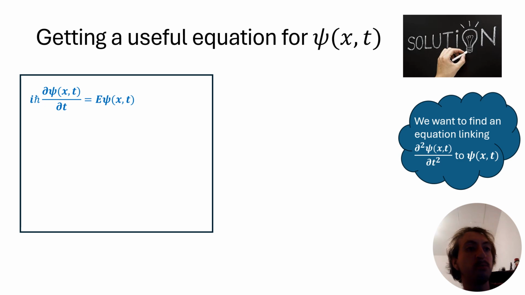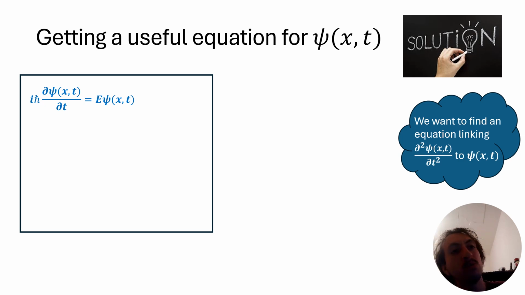So we start from Schrödinger's equation. And we start there because Schrödinger's equation contains the wave function itself, and we want our final equation in quantum mechanics to contain the wave function, which has a classical analogy of position.